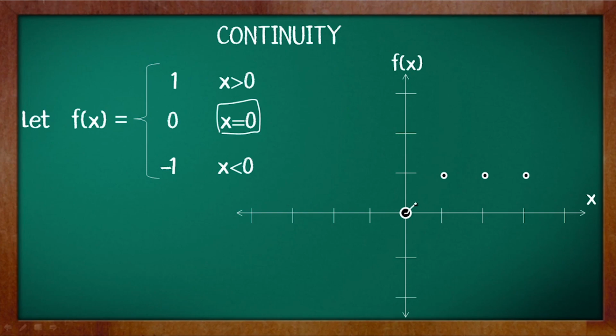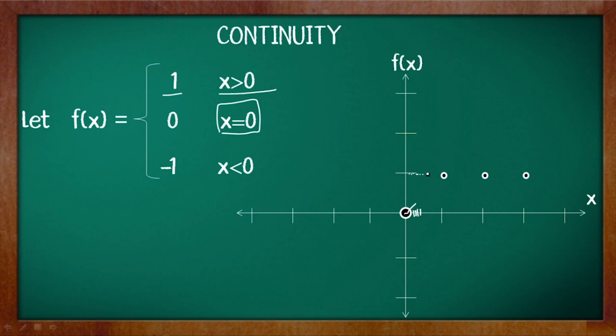And for any value just greater than 0, close to 0 but greater than 0, so somewhere very close to 0, values of x somewhere here, when it is greater than 0, f(x) will again be 1, so the point will lie somewhere here.